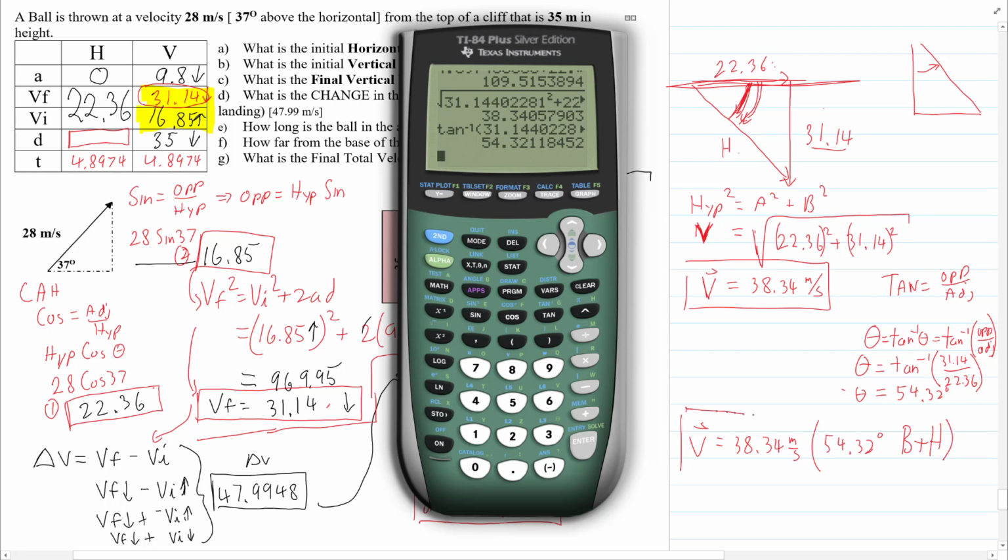And that's the vector final velocity. The vector initial velocity is 28 meters per second, 37 degrees above the horizontal. And the vector final velocity is 38.34 meters per second, 54.32 degrees below the horizontal.